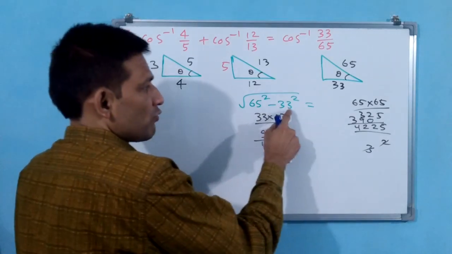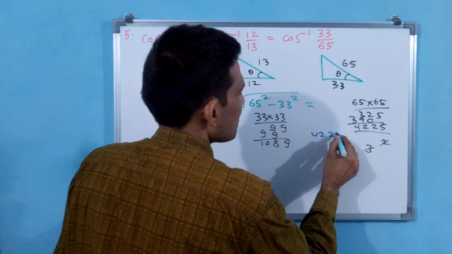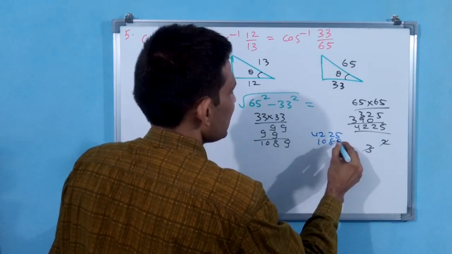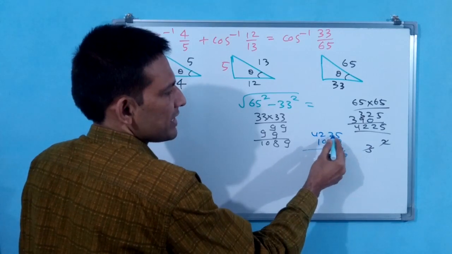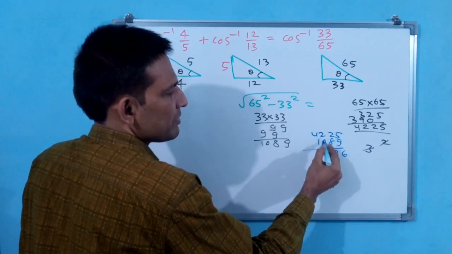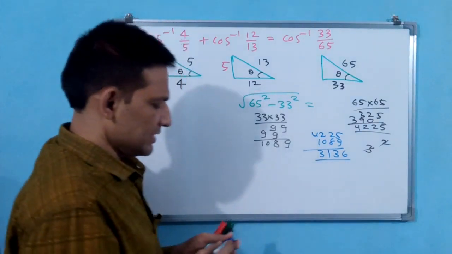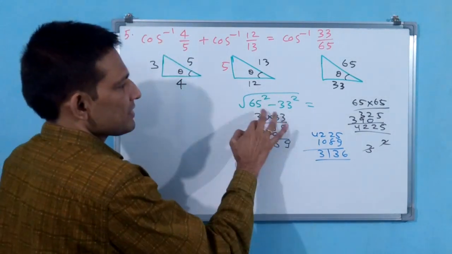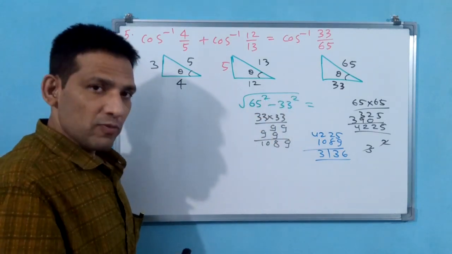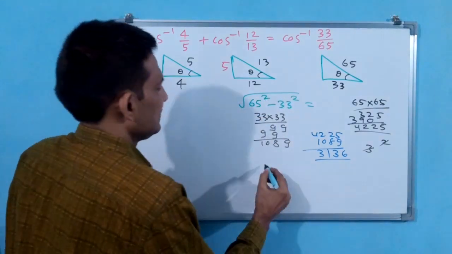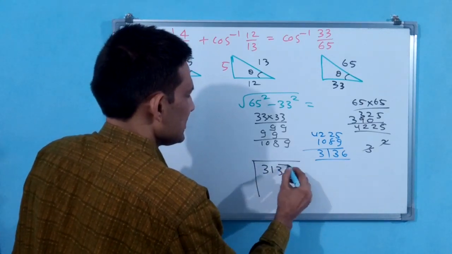Now see, 65 square minus 33 square: 4225 minus 1089, the result is 3136. Now it is not the direct answer, it is under root. Again you have to find the root of 3136.